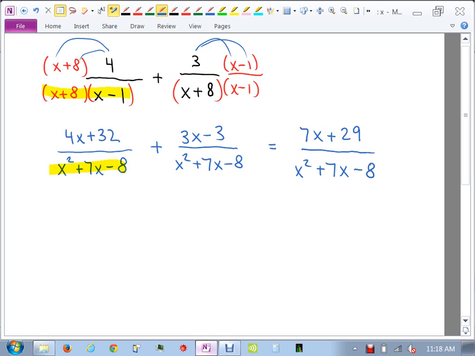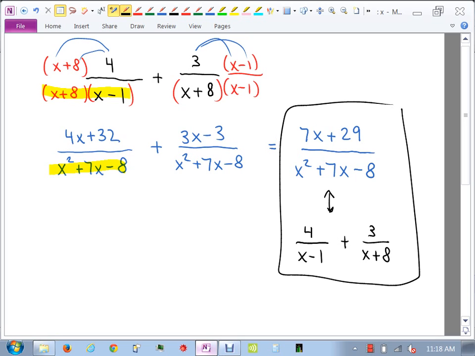No question. So let me write underneath this. This is equivalent to 4 over x minus 1 plus 3 over x plus 8. These two expressions, the blue one and the black one here, are the same expression, right? They're the same things, just written different ways.